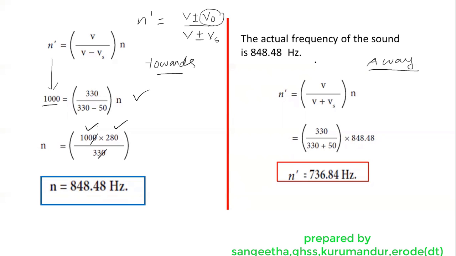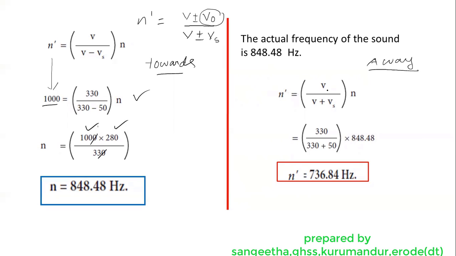Now you have to consider n dash when the source is moving away. When the source is moving away, the apparent frequency decreases. For that, you have to put the plus sign in the denominator, because you want the apparent frequency to be minimum. Logically, it is increasing and decreasing.